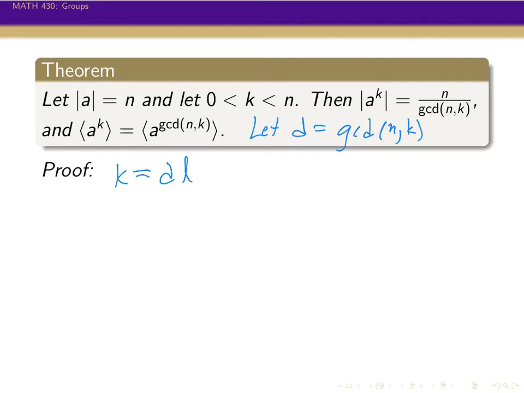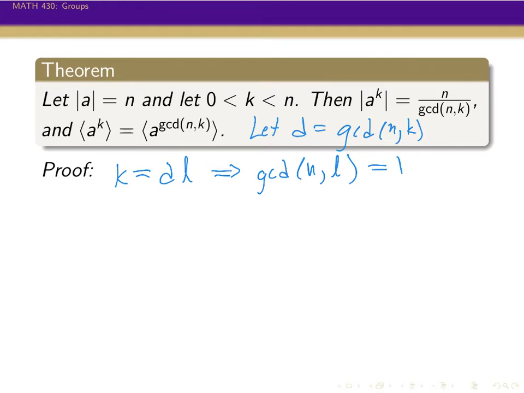And since d is the GCD of n and k, l can't have any common divisor other than 1 with n. And this is a fact from number theory. And so this means that the GCD of n and l is equal to 1. Otherwise, if it wasn't equal to 1, then we could get a divisor bigger than d that divides both k and n. And so since d is the greatest common divisor of n and k, whatever l is, its GCD with n has to equal 1.